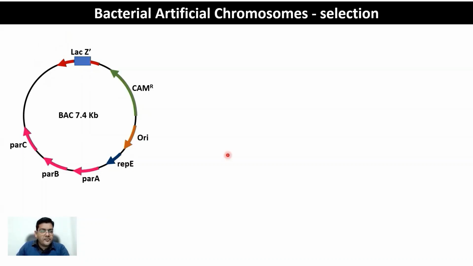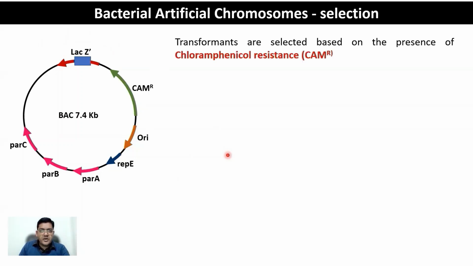And then, of course, you know that BACs are specifically designed for ensuring hierarchical shotgun sequencing of the human genome. So here, transformants are selected based on the presence of chloramphenicol resistance or the CamR gene, which would be present if the BAC has inserted into the host cell. If the BAC has not inserted into the host cell, then of course, you will not have chloramphenicol resistance, so those cells would not grow in a chloramphenicol plate.